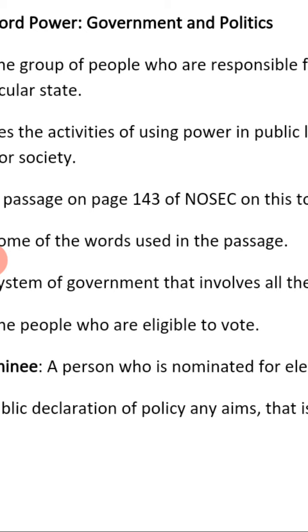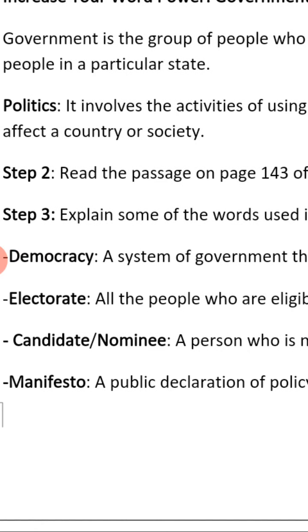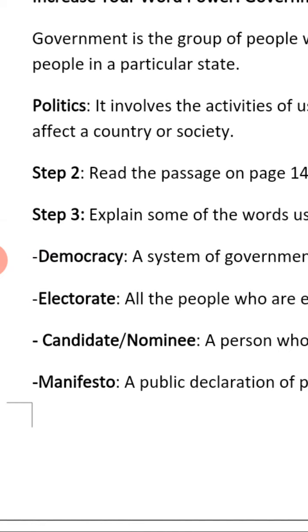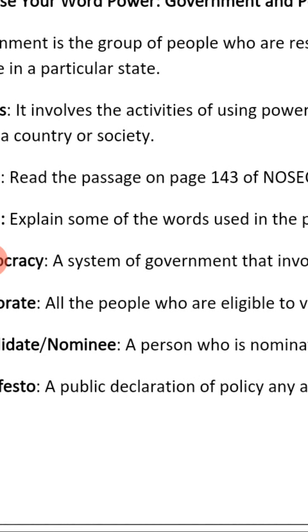Their functions are well spelled out in the passage. Now, let's look at some of these words as we expatiate on the meaning, the usage, and the function of these words. The words go thus. First, we have democracy. We all know the general definition that is used for democracy.